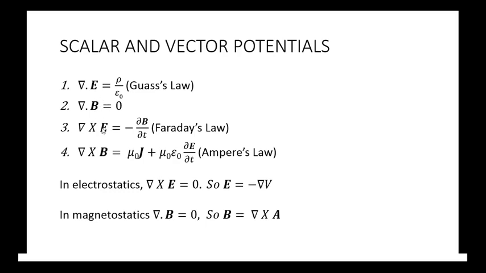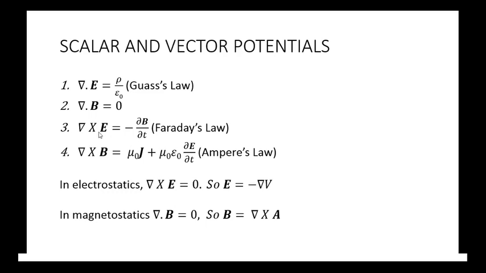So that is one main result from the second Maxwell's equation. But we know that here del cross E is equal to minus dou B by dou T, not 0 as in the case of electrostatics. So this equation consists of both E and B. In this case, it's not possible to describe the electric field in terms of only the scalar potential. Earlier we said that electric field can be represented as the negative gradient of scalar potential, but there the equation was del cross E is equal to 0.